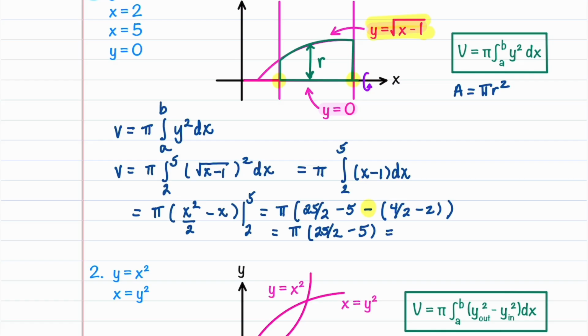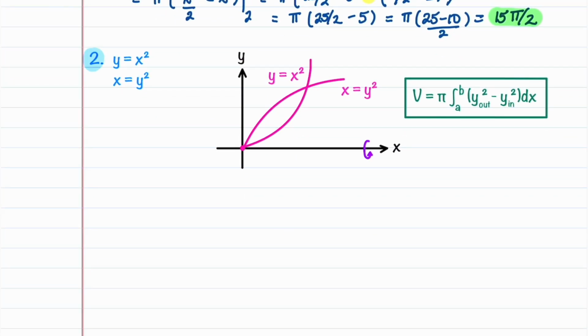We'll get a common denominator of 2, so this is pi times 25 minus 10 all over 2, and this gives us an answer of 15 pi over 2. The volume of our solid of revolution is then 15 pi over 2.